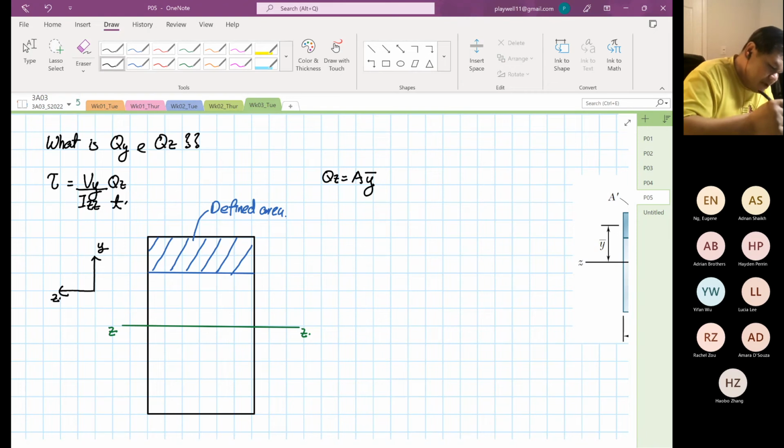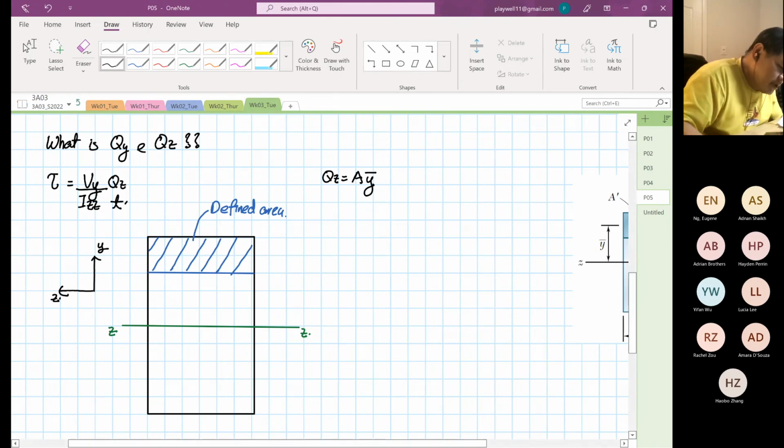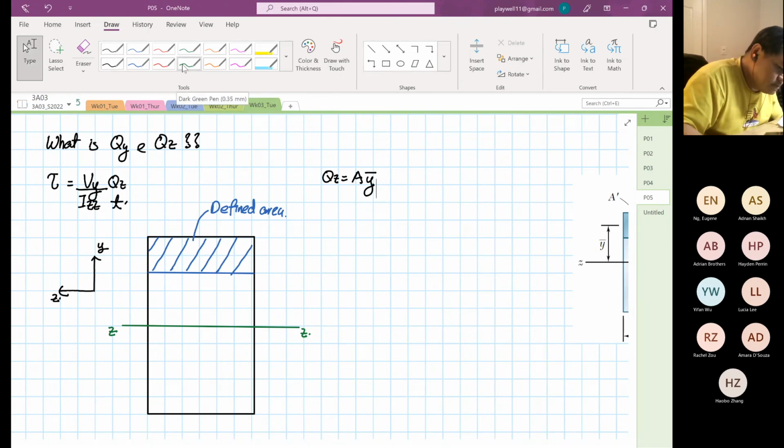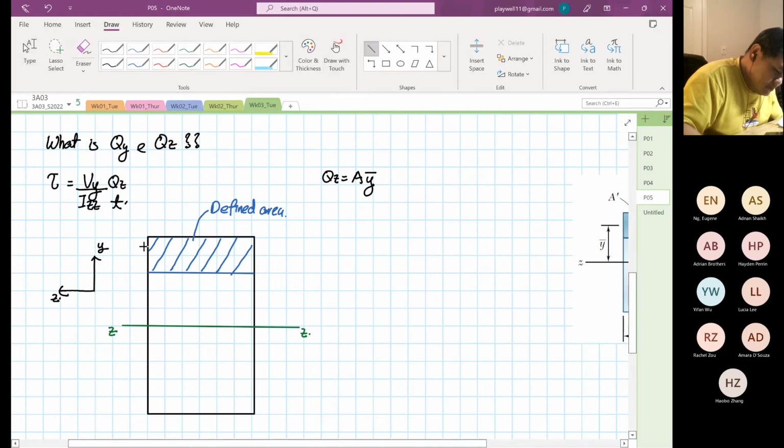The Y bar is at this line that I'm going to draw. This is the centroid of the defined area.